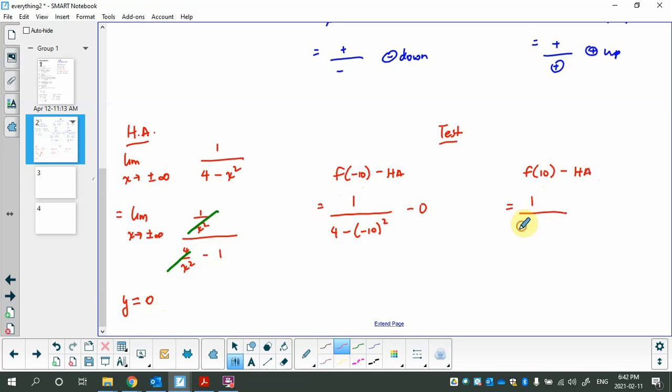I'm going to write it down anyhow. So that's 1 over 4 minus 100, which is negative, so that's below. And this is 1 over 4 minus 100, which is negative. So that's below.